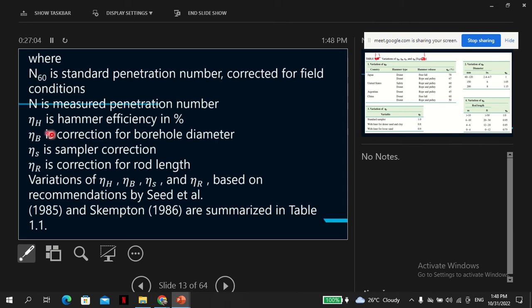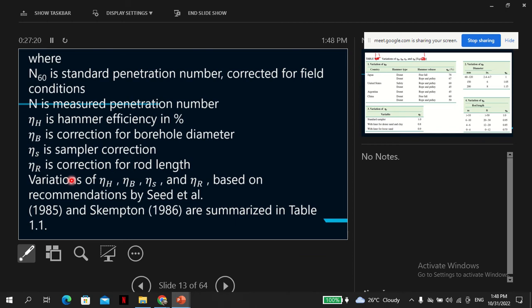So N is what you have measured, what you count, and H is the hammer efficiency. Hammer efficiency you will know, of course, as there are standards depending on the kind of hammer.